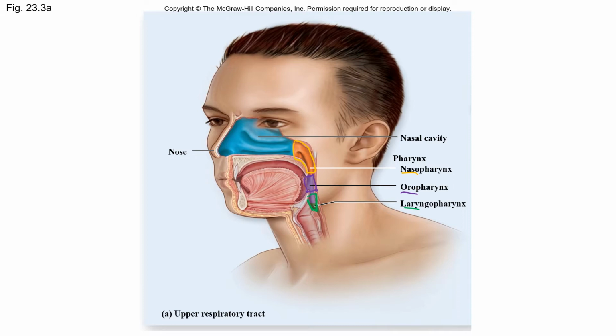The oropharynx connects to the oral cavity, the laryngopharynx connects to the larynx, the nasopharynx connects to the nose.